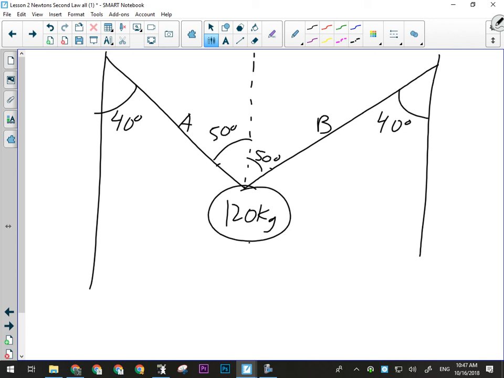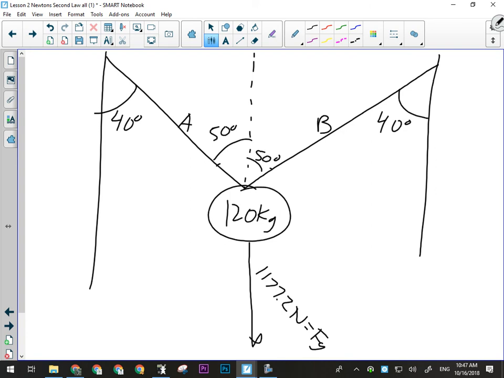The second thing that most people had was that this thing's 120 kilograms, so that was 1177.2 newtons in terms of gravitational force pulling downwards. Also good. We're getting that visualization going on here, which is good. Here's the place where people had everything right except one thing.